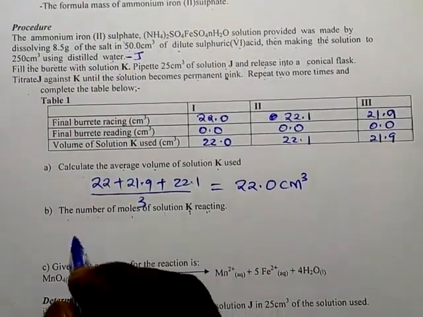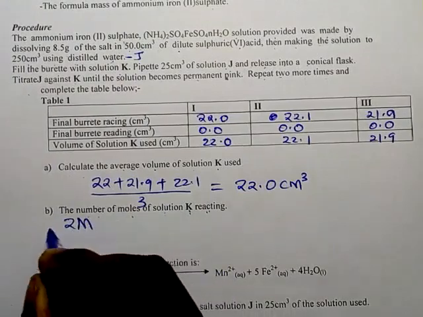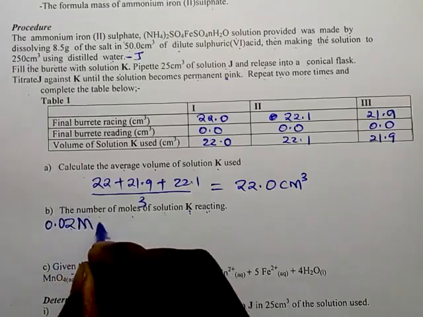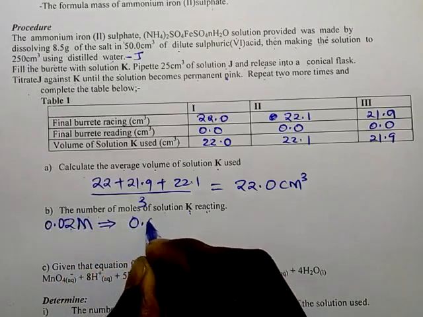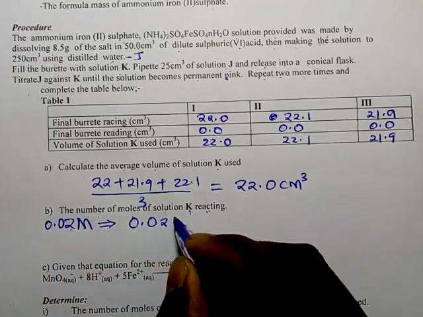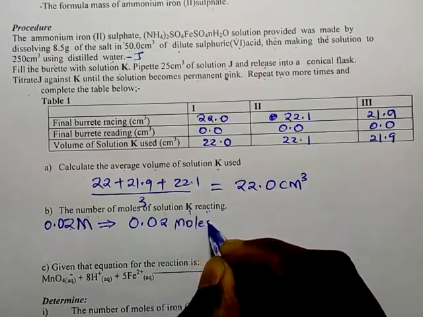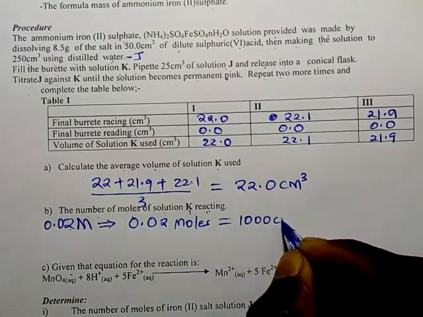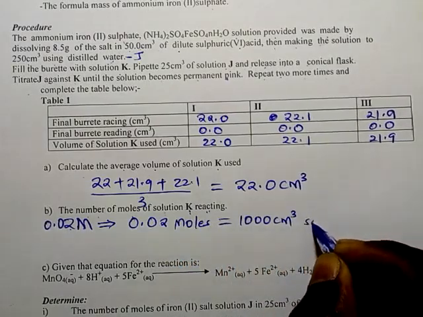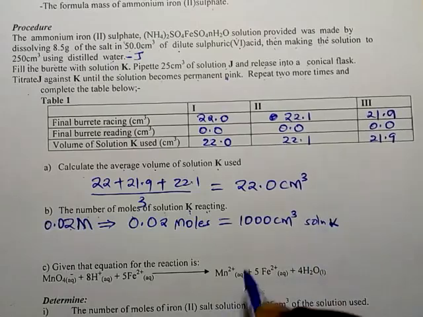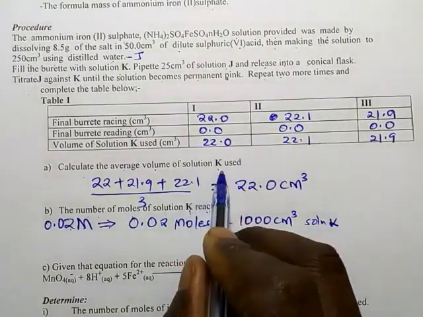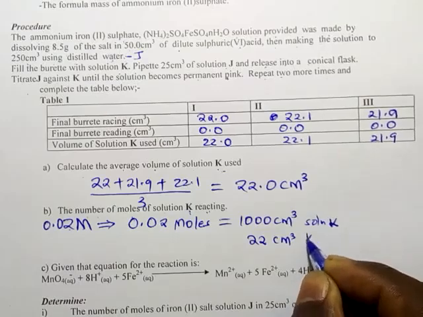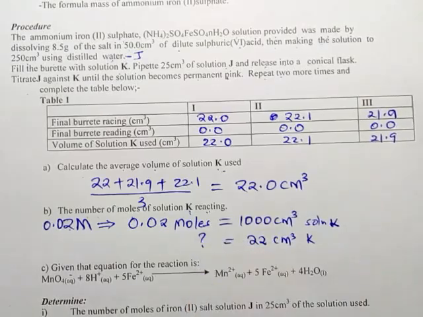So 0.02 molar implies that 0.02 is the number of moles contained in 1000 centimeters cube of solution K. Because the volume used is 22 centimeters cube, K will contain how many moles?